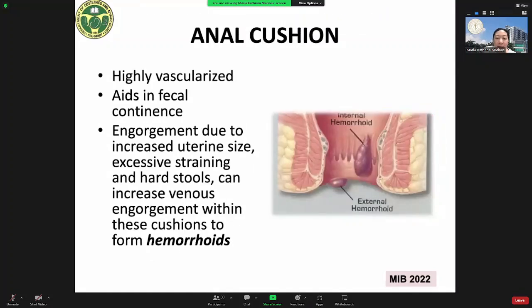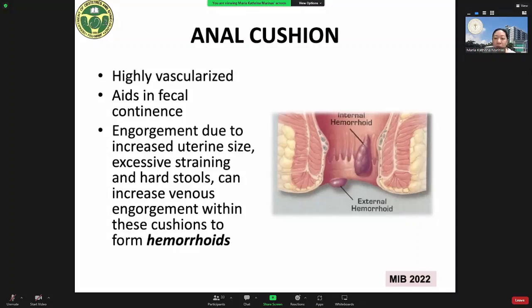Within the anal canal are three highly vascularized submucosal arteriovenous plexuses termed the anal cushions. They aid in complete closure of the canal and fecal continence. The increase in uterine size, the excessive straining, and hard stools create increased pressure that ultimately leads to degeneration and subsequent laxity of the cushion's supportive connective tissue base.